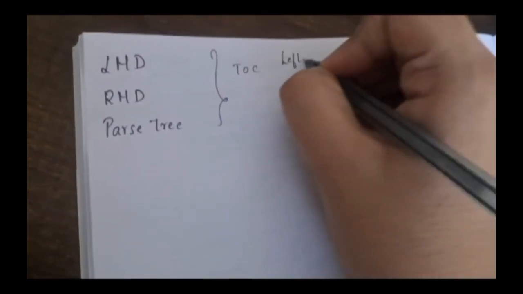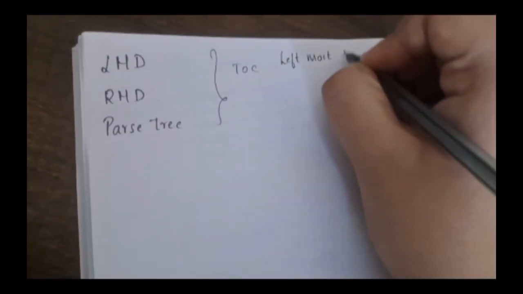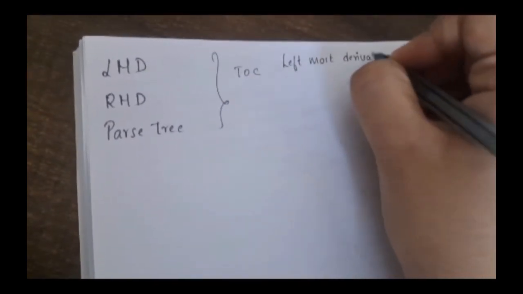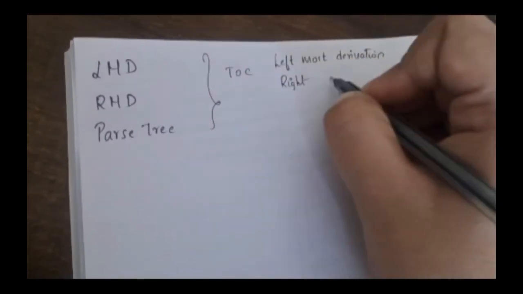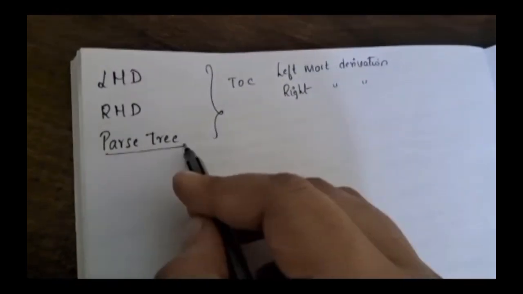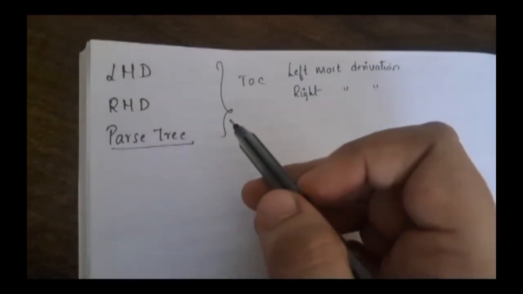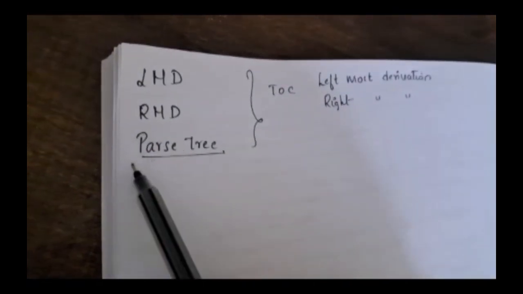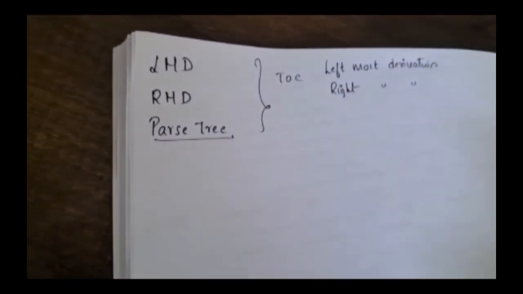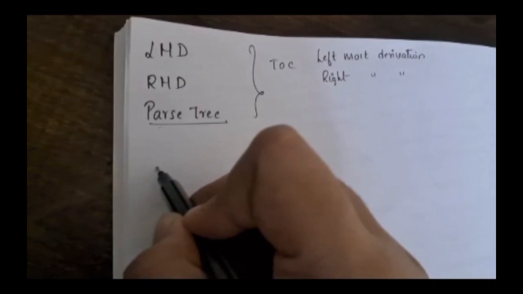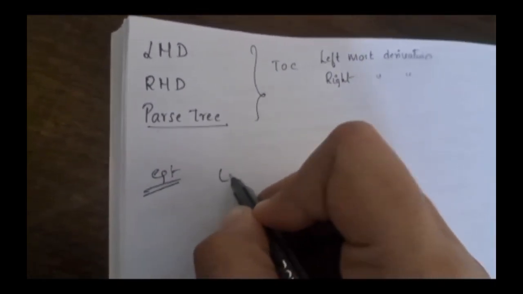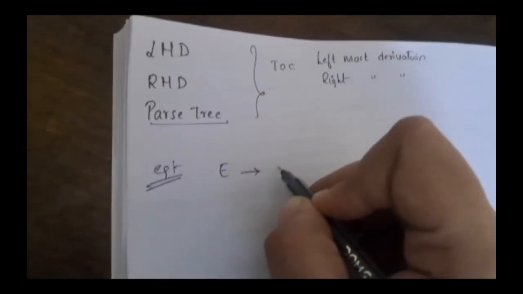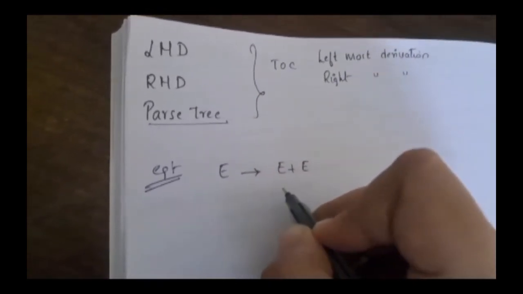LMD means leftmost derivation, RMD means rightmost derivation, and the parse tree I'll explain in brief. You have to know how LMD, RMD and parse trees are solved. So for this, let's take an example. Let me say I have a grammar given something like this.